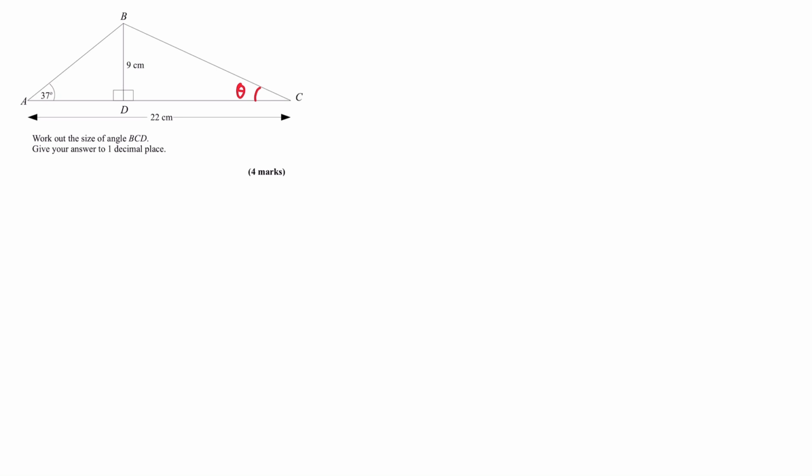And if you've seen it already, you can see the fact that we're missing a side. We have 22 centimeters, but that's the entirety from A to C. But if you look at the triangle BCD, we only have one side and one angle that we're looking for. What we want to do first is find out the length DC. So we're going to use the tan theta formula because we have 37 degrees and we have 9 centimeters.